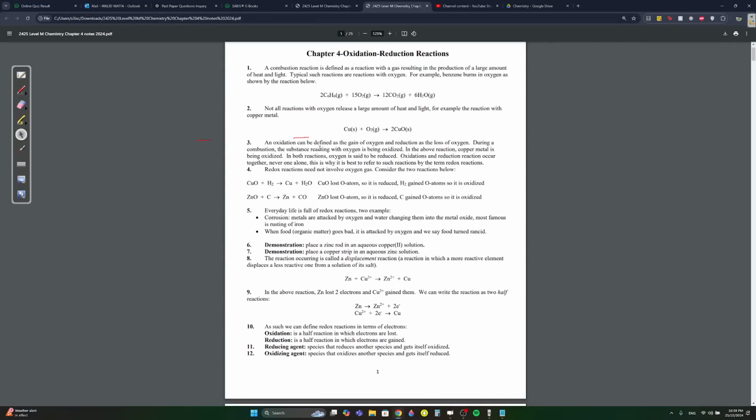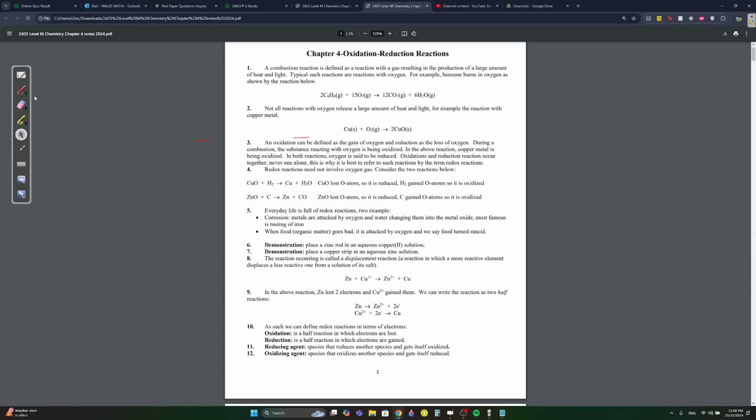An oxidation can be defined as the gain of oxygen during combustion. This is very important. Oxidation and reduction are always together. You can never have oxidation or reduction alone. This is why we call them oxidation half, reduction half. You can't have half a reaction.